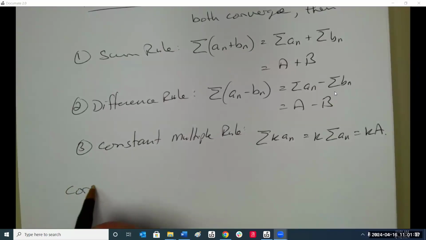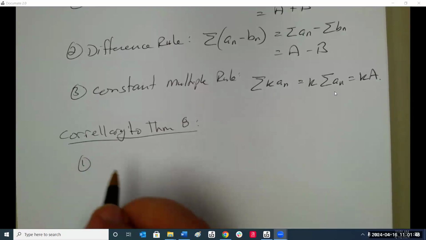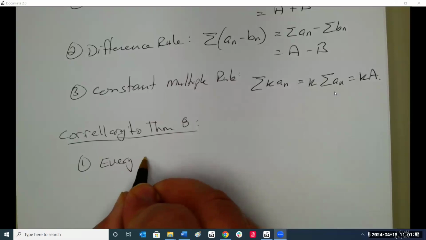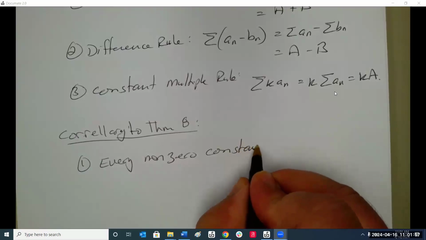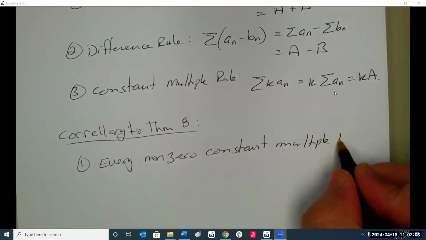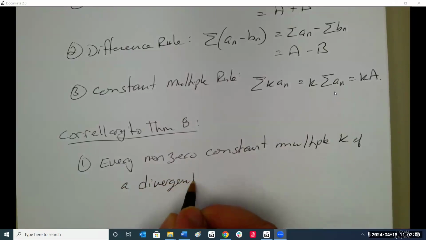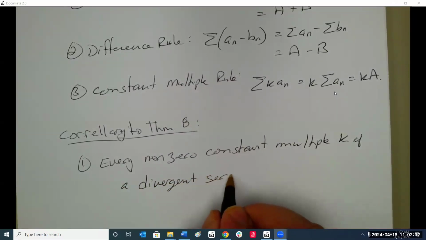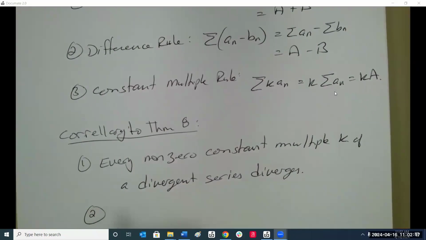Here's a corollary to theorem 8. This is in addition to that. 1. Every non-zero constant multiple K of a divergent series diverges, and 2.